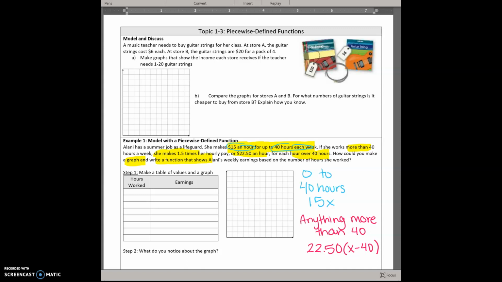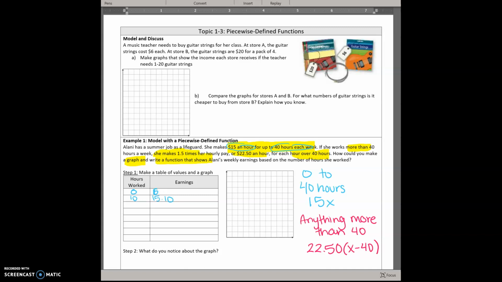Okay, so if I were to make a table, and let's just say she works 0 hours, how much is she going to make? Well, if she works 0 hours, she's going to make $0. Let's say that she works 10. 10 hours is under that 40 mark still, so it's going to be the 15 times 10.